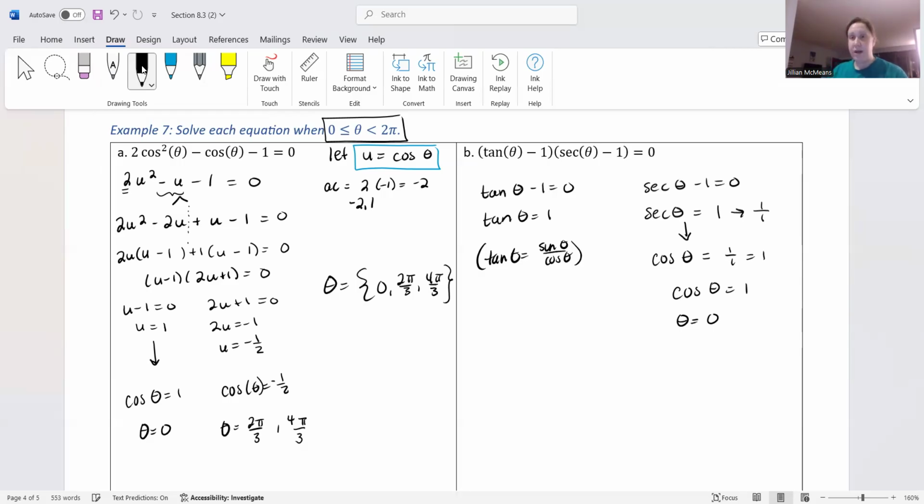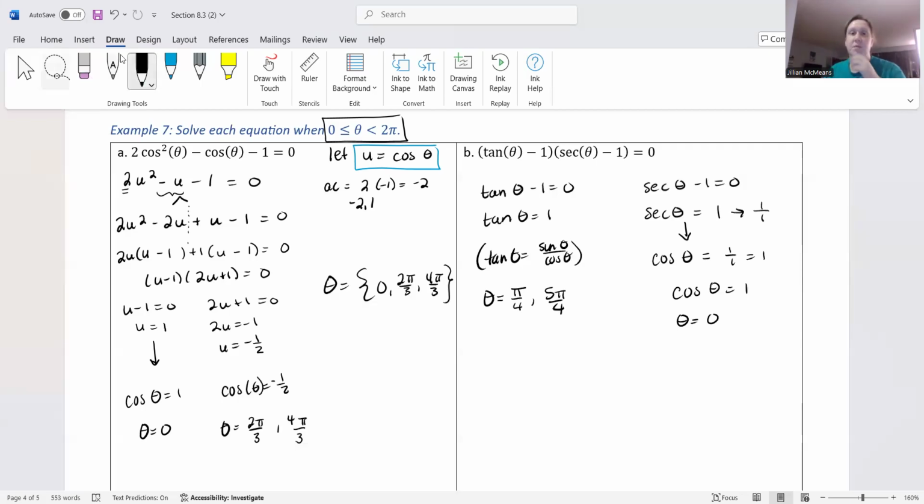So we need to find angles where the ratio of sine and cosine is +1. This is going to occur at two different places, when sine and cosine are exactly the same, same sign, same everything. So this is definitely going to happen at pi over 4, and then it's going to happen again at 5 pi over 4.